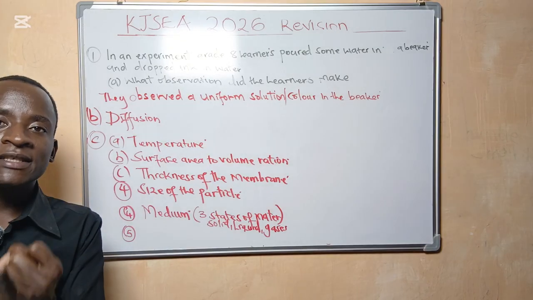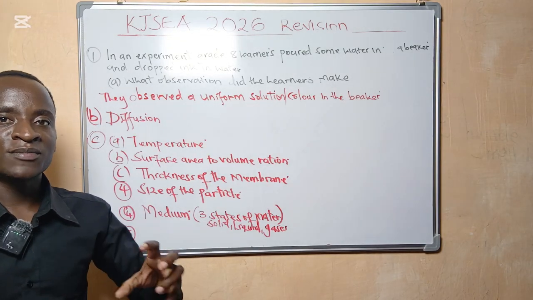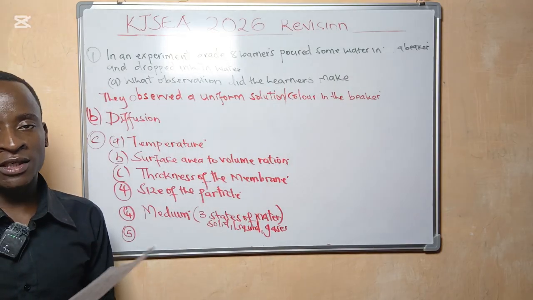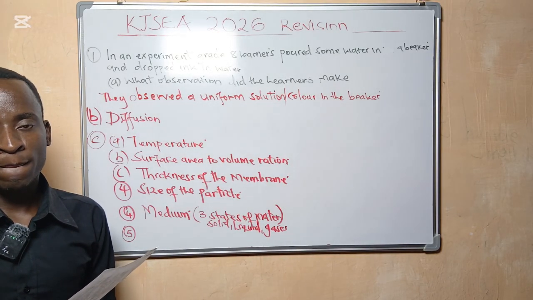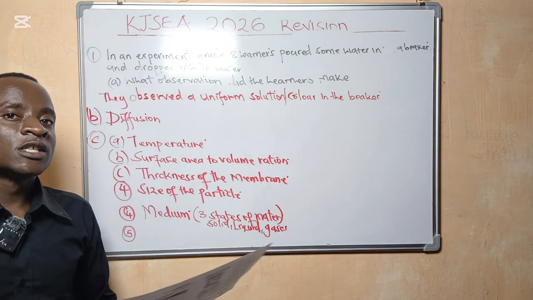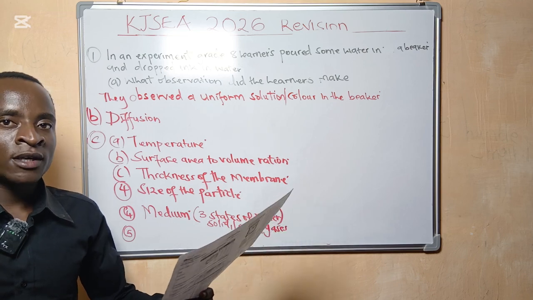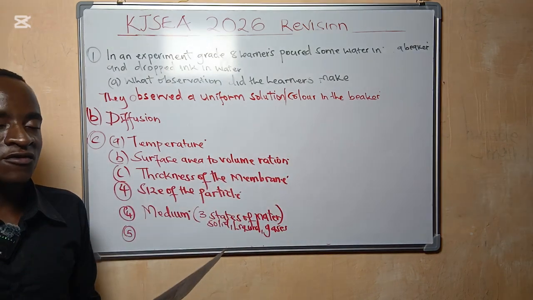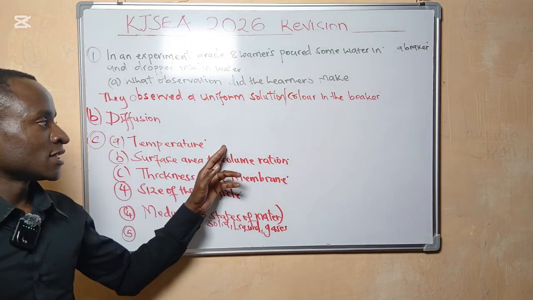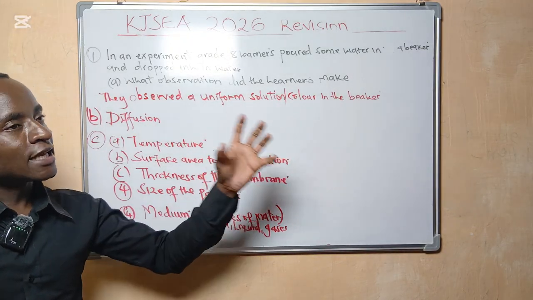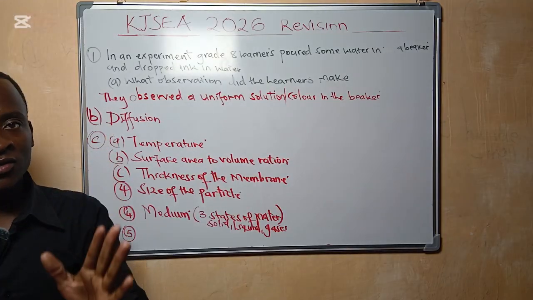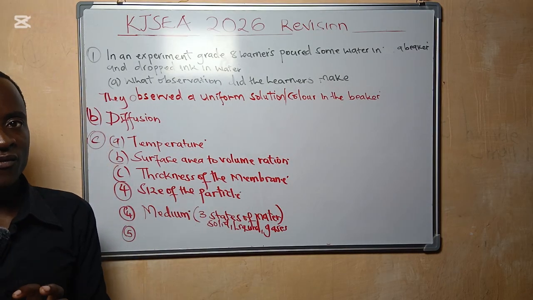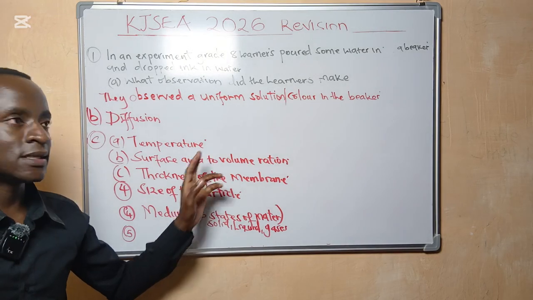When you increase the temperature, it increases the kinetic energy of the particles. Therefore, the particles will move faster. Hence, the particles move faster compared to when the temperature is low.